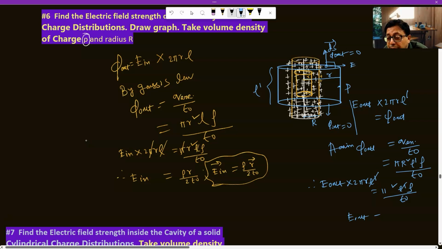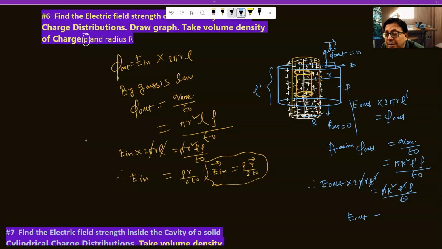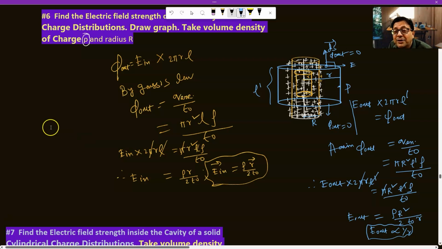So only pi gets cancelled. E out is rho R square by 2 E0 r. This E out is inversely proportional to distance. This is the case. Otherwise, it would be contrary to the electrostatics concept. No, the field will fall gradually.